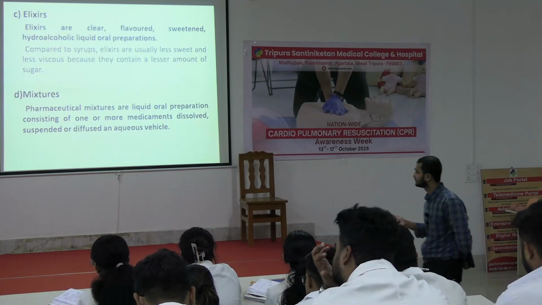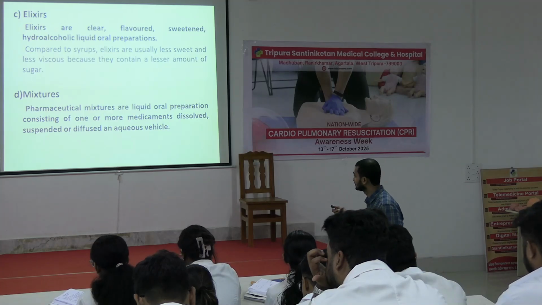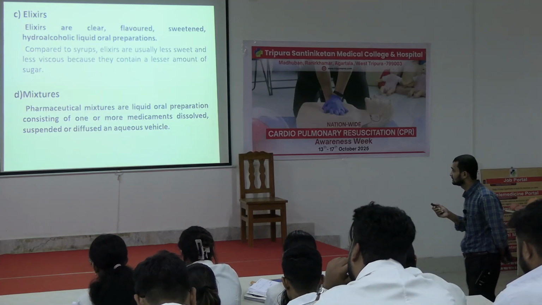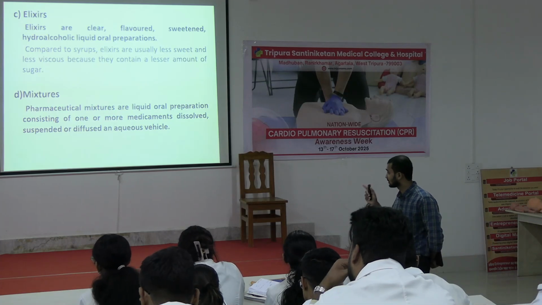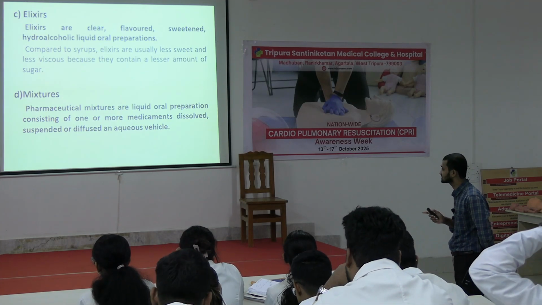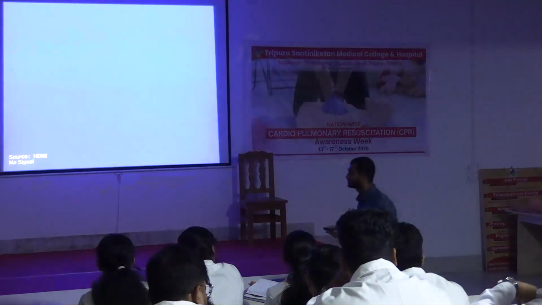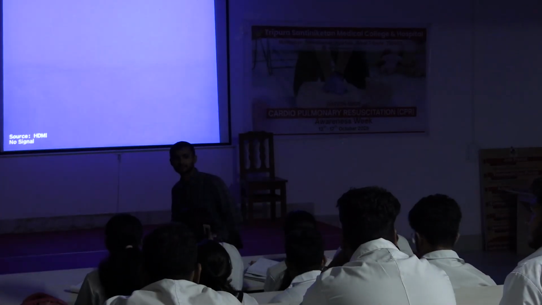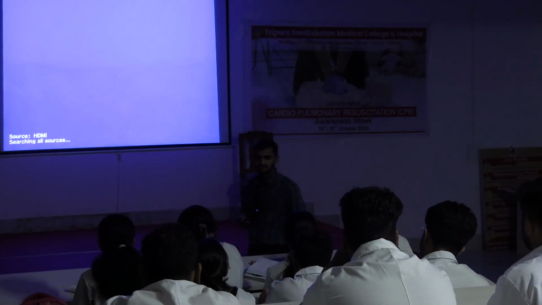Another form is elixir. Elixirs are clear, flavored, sweetened hydroalcoholic liquid oral preparations. Compared to syrup, elixirs are usually less sweet because they contain less sugar. So which one contains the least amount of sugar? Elixirs.